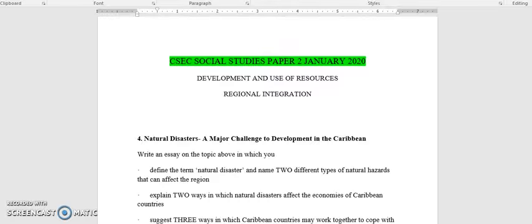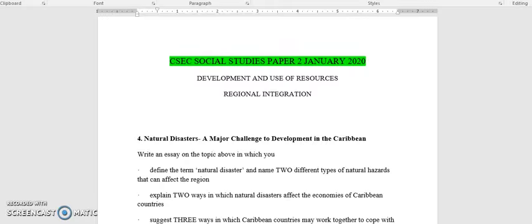We know that regional integration is a challenging topic for students sitting their social studies examination. However, with more practice of past papers, we will be able to master this essay on regional integration.